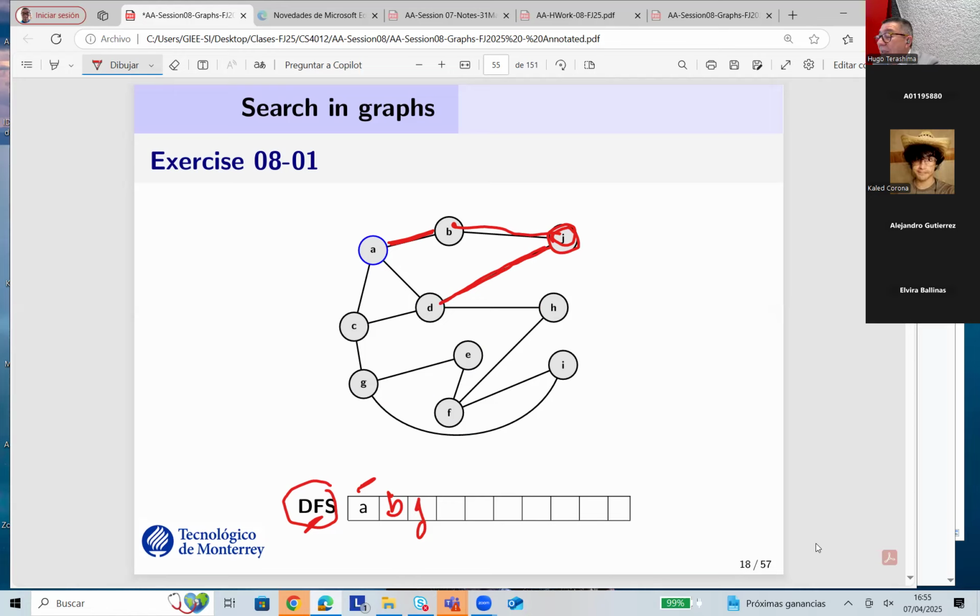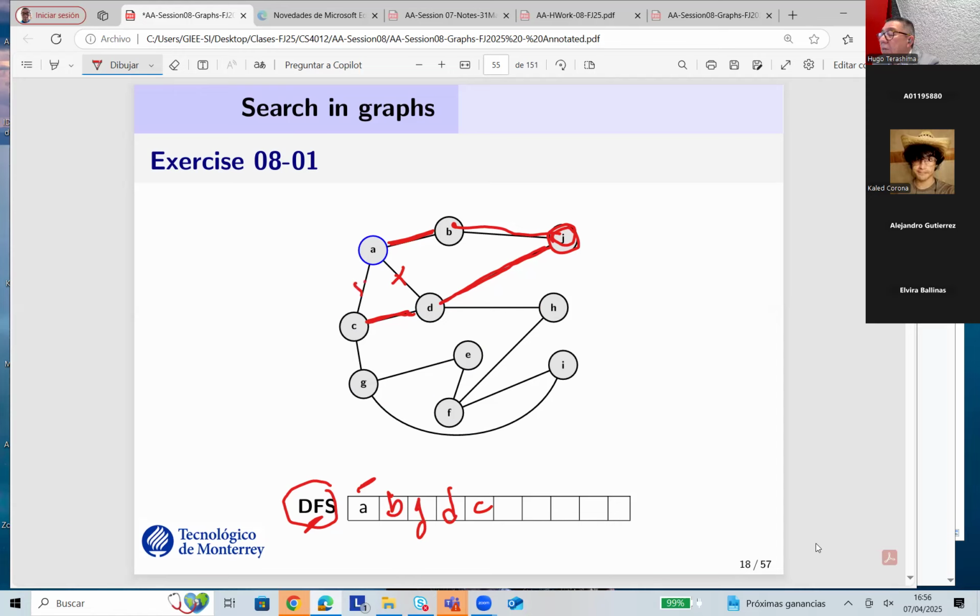Is that okay, clear? Yeah, right. And then I try to use this one, but it's already visited. So I go C, H, C. First, lexicographical scheme, right? I go to C first before H. You see? Here.